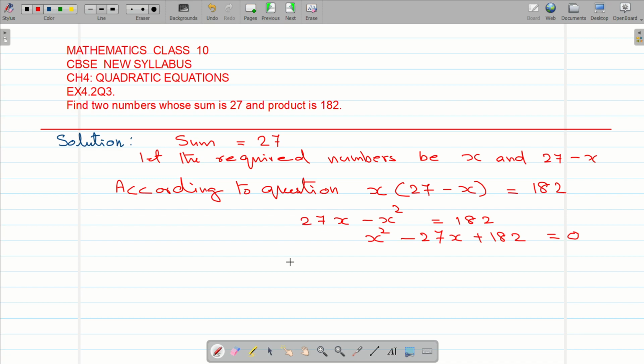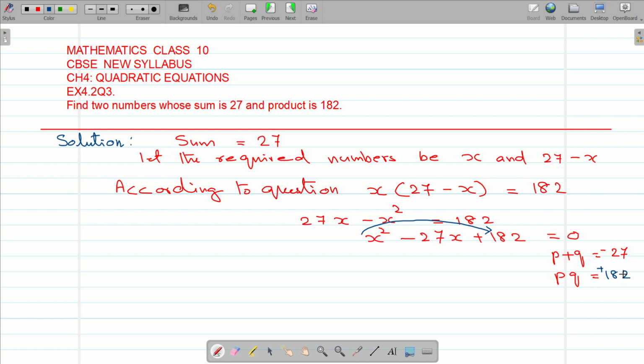Now we have to find two factors, p and q, so that their sum is equal to minus 27 and the product is equal to 1 into 182, that is 182, positive.